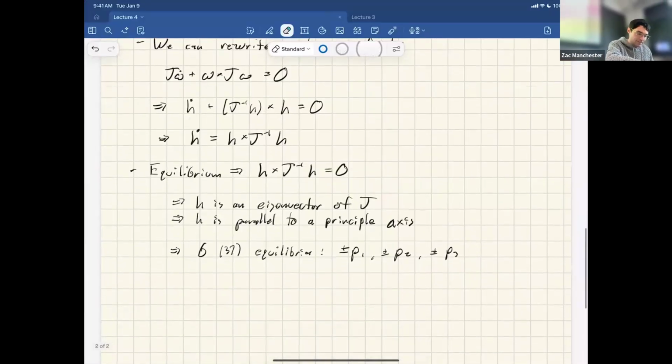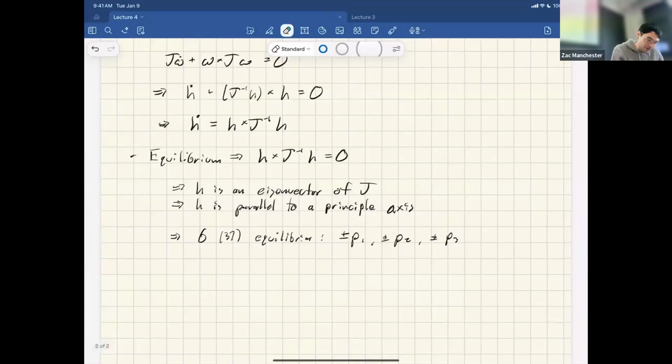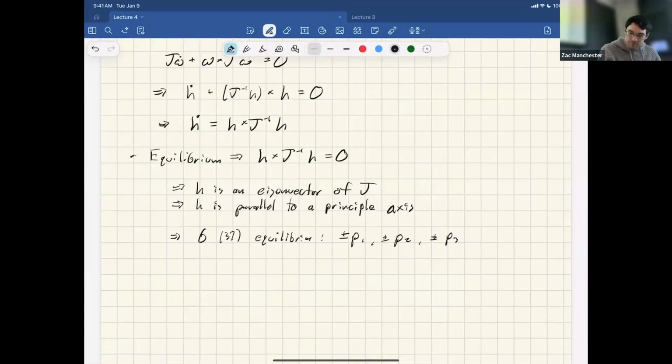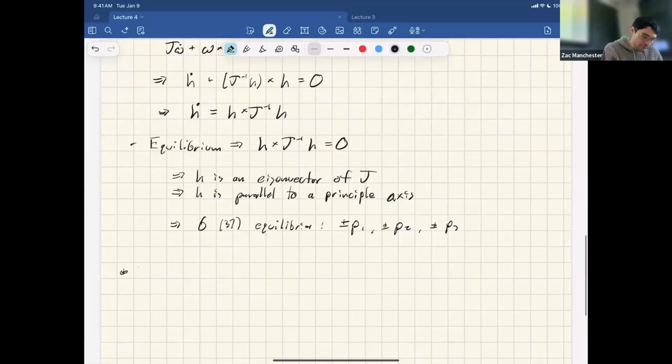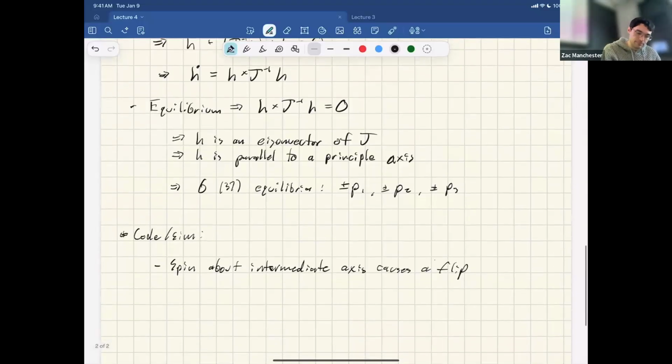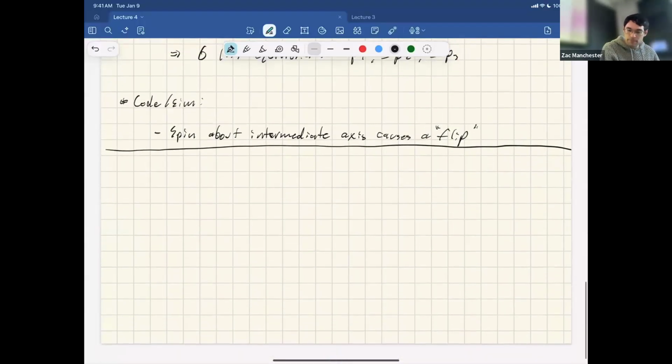And basically the initial poking around outcome here is, spin about that intermediate axis, you get this kind of flip behavior, right? Okay, so let's try to figure out why that's happening and dig in a little bit deeper.